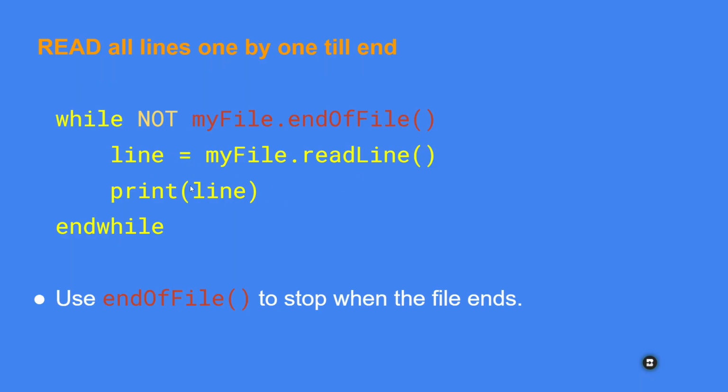We will keep doing it and printing it until we get to the end of my file. As soon as you hit my file dot end of file, we just end while. That's how the while loop stops. That's basically what you need to know for your GCSE.